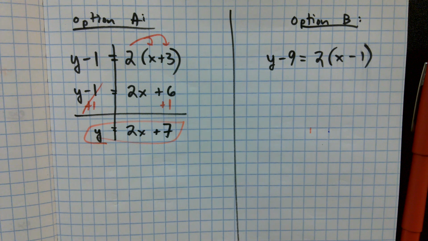Take a look at option B. Give that a try. See if you can practice converting from point-slope form into slope-intercept form. Let's see what you get. Good. How are you doing the second one, Tyler, on your own? Good, Kai.